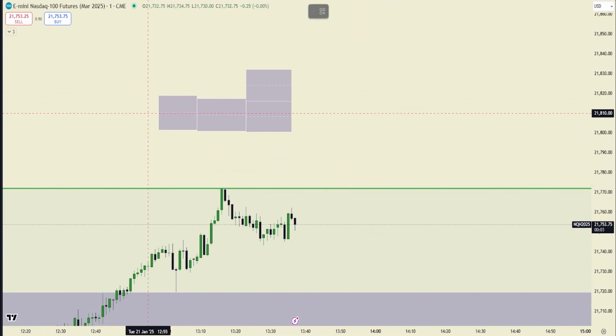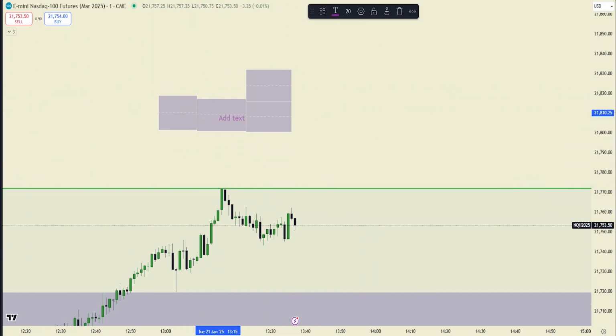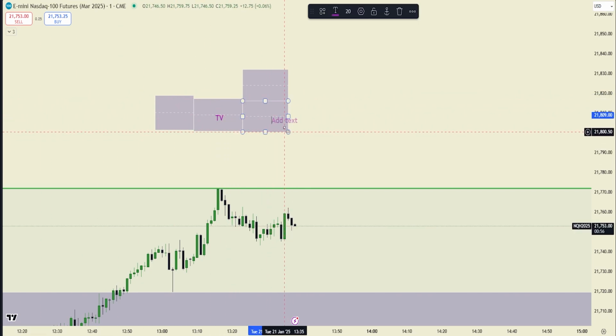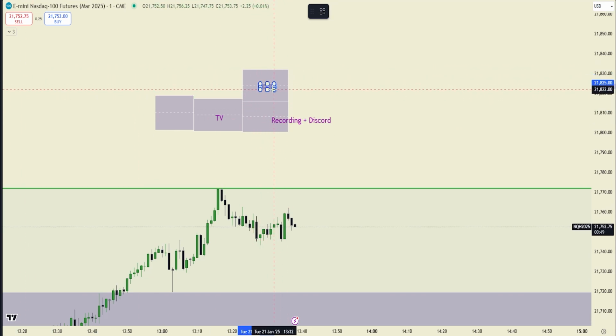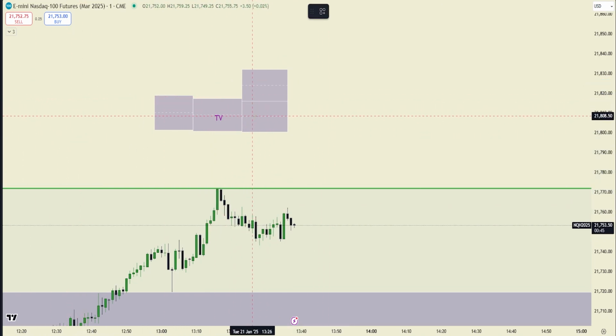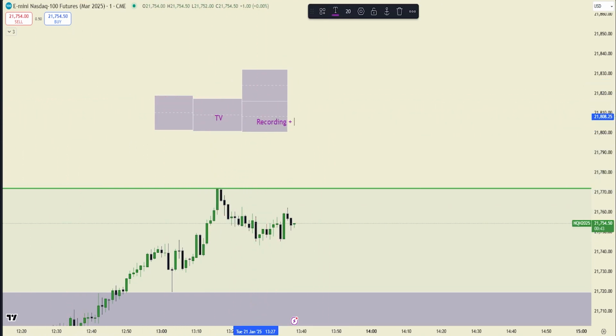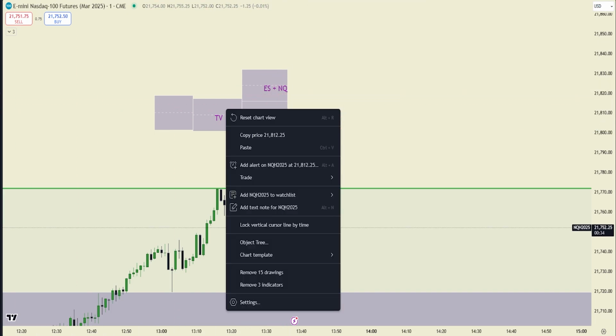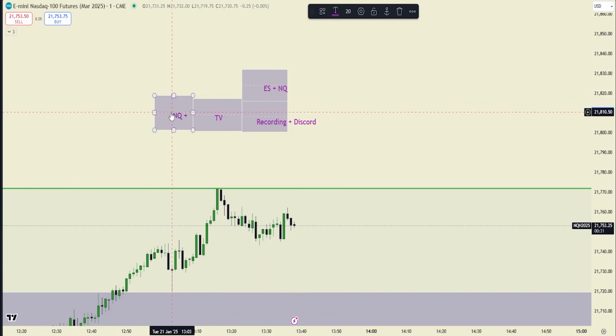On this chart I have TV. On this one I have the recording plus Discord. And then I have ES plus NQ, and then NQ plus NQ.